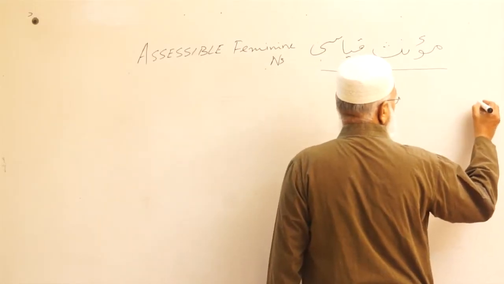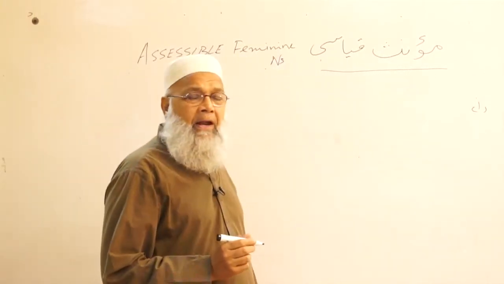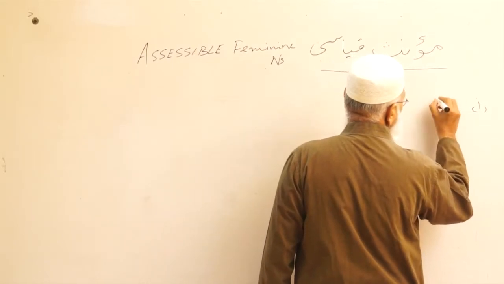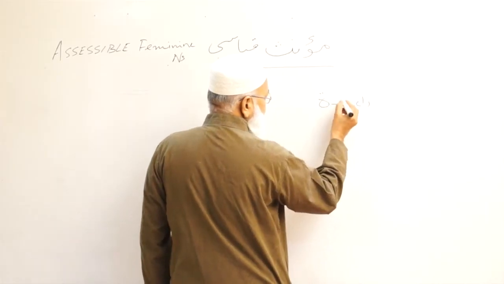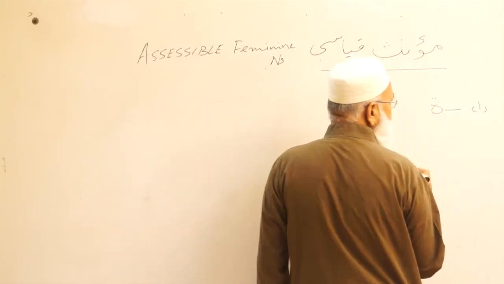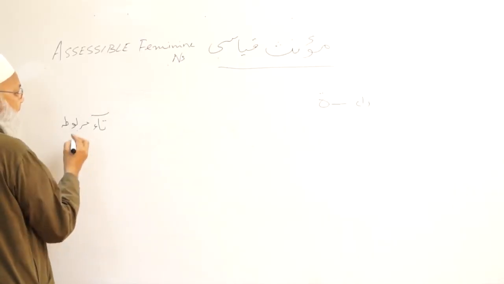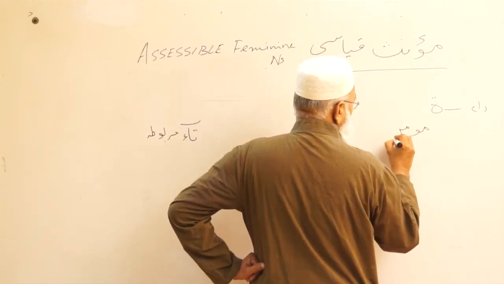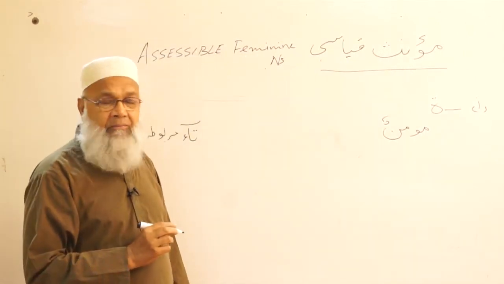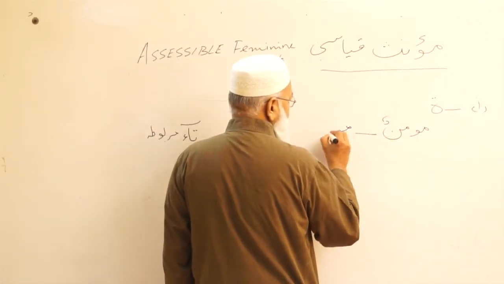Number one, the nouns which end at ta marbuta. This will be some word here, and the end would be this ta, which is called ta marbuta, the attached ta. Examples: mu'min is a believing man, and its feminine is mu'minatun.